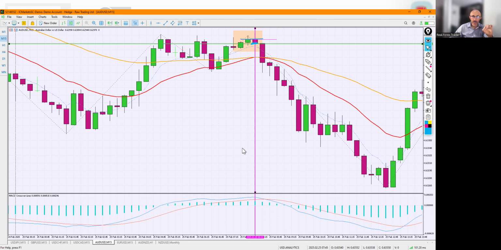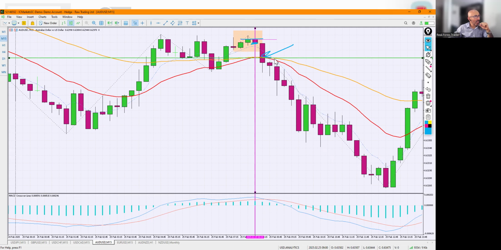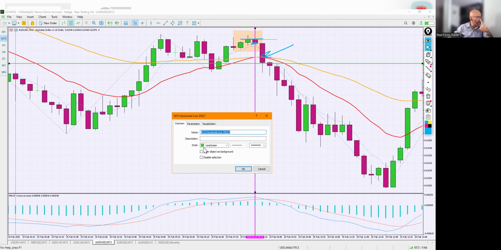But the Tweezer top appeared. For this reason, it's very important to wait for the third candle confirmation. What is that confirmation? Is the one provided by this very bear candle. So my entry point might be right here when this candle closes. So this could be my entry point.